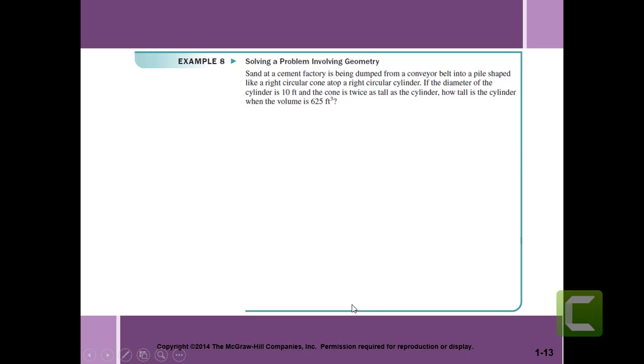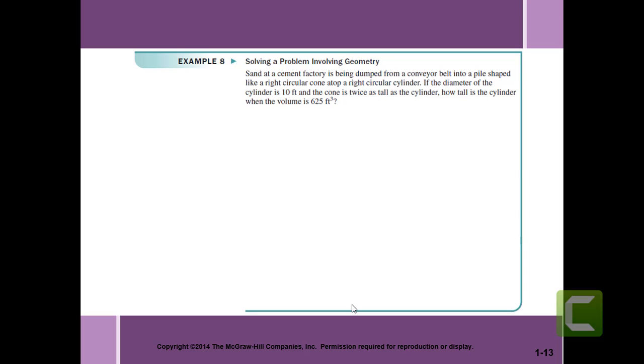So there seems to be a lot here again. So we're going to reread this and write down the key information. Here's where a visual is going to be very helpful. Sand is being dumped from a conveyor belt into a pile shaped like a right circular cone on top of a right circular cylinder.